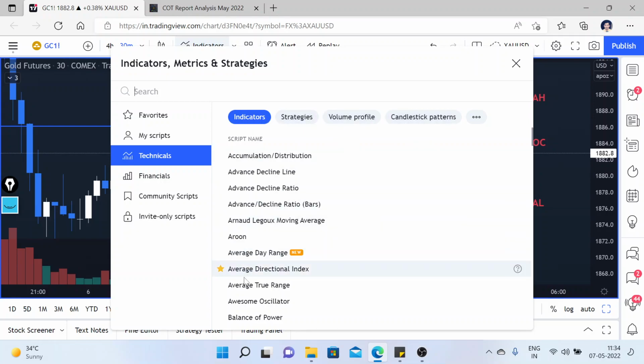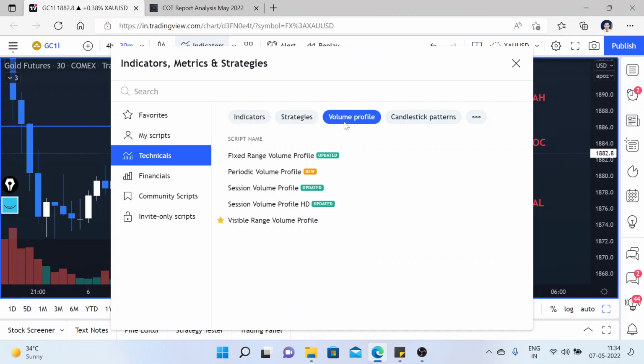In indicators we do not see any volume profile indicator, there is a separate menu for volume profile. So we can say they are not calling it an indicator. I'm going to call it a tool. You can call it an indicator or whatever you want.